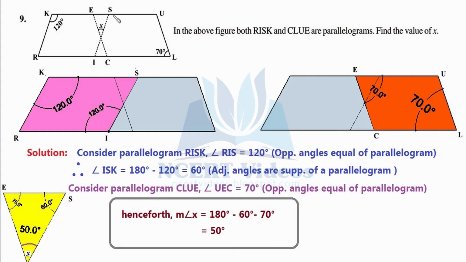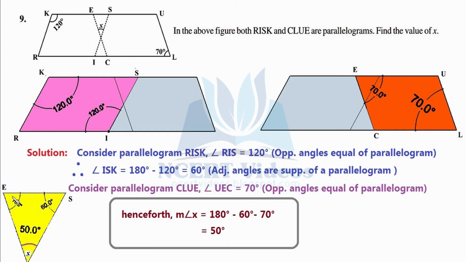Since we have shown this small portion over here, we have successfully found the measure of angle E equal to 70 degrees. Now we just have to find the measure of angle X, and since a triangle is formed, we can simply apply the angle sum property of a triangle.